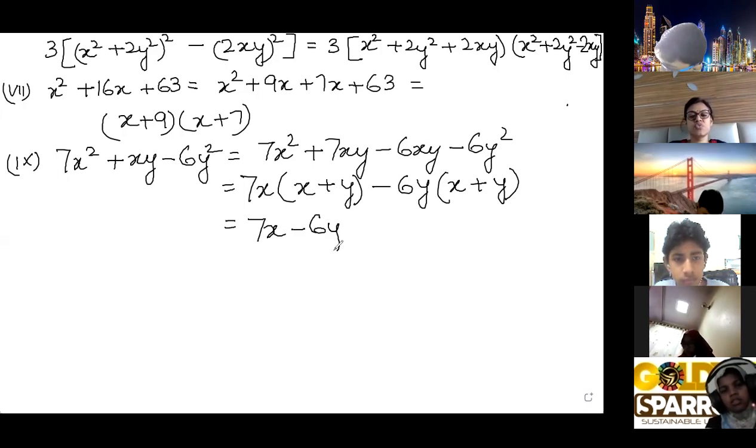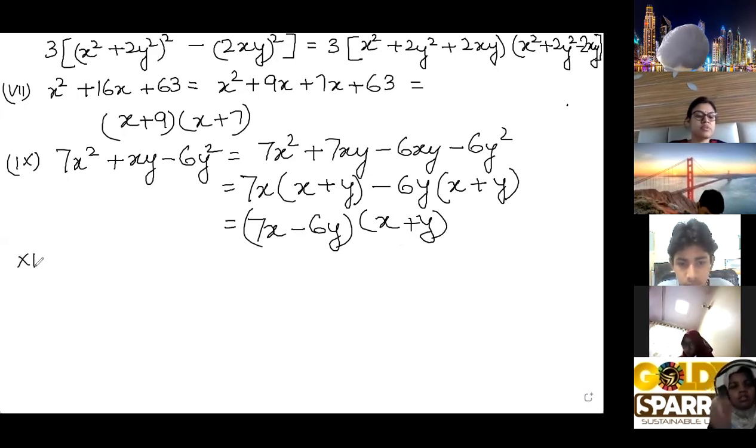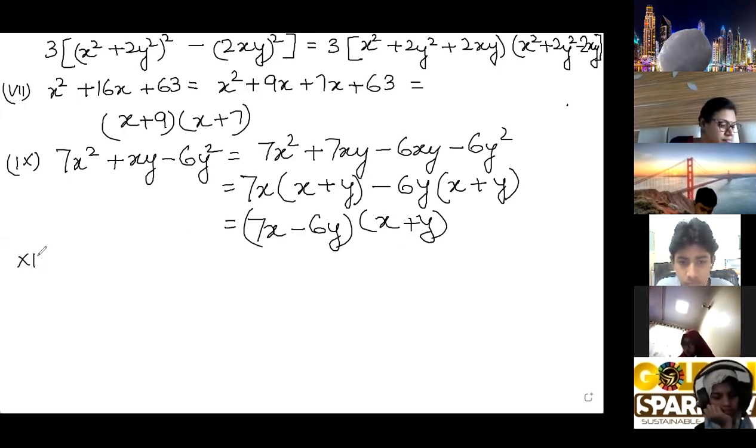So you get 7x minus 6y into x plus y. This is your factorization. 9th done. Now 11th is also there.